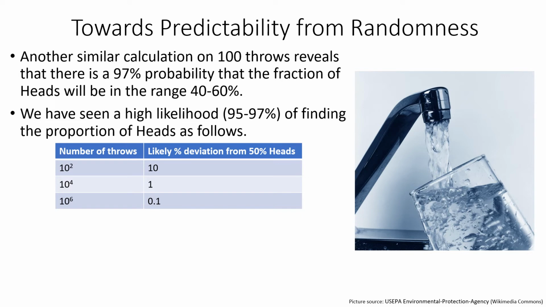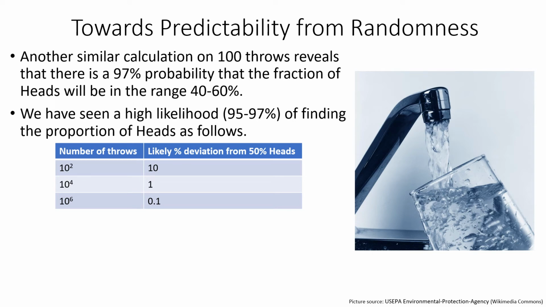What this is saying is that if you toss a coin 100 times, 10 to the 2 times, then it's 95 to 97% likely that you'll get 50% heads given a 10% deviation, so between 40 and 60. That's what the top row tells us. The second row tells us that when you get to 10,000 tosses, you're again looking at a 95 to 97% chance of getting half and half heads and tails, but this time within a 1% tolerance, so between 49% and 51%.